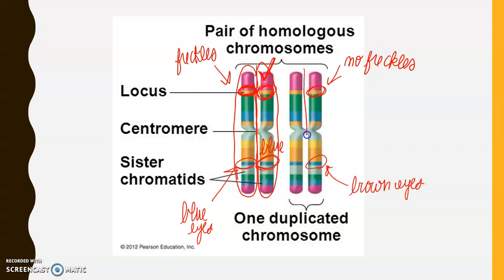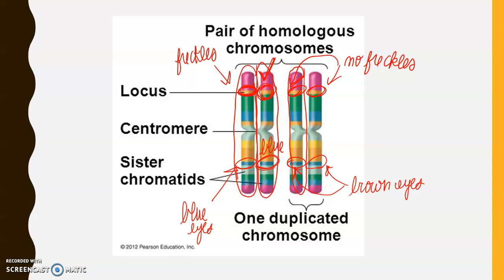This is its exact copy. It will also say no freckles, and this one will also say brown eyes. So let that sink in for a second. Sister chromatids are identical in every single way. The alleles are identical. There is no difference.